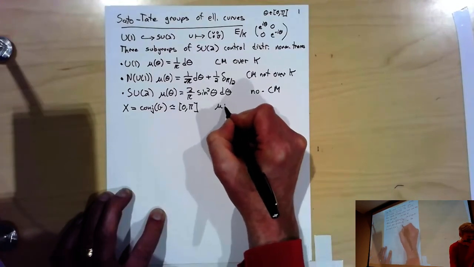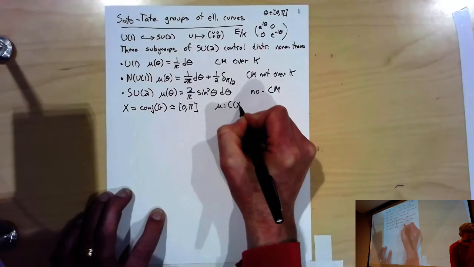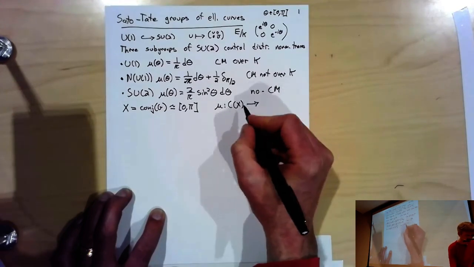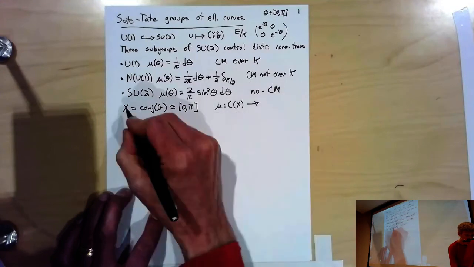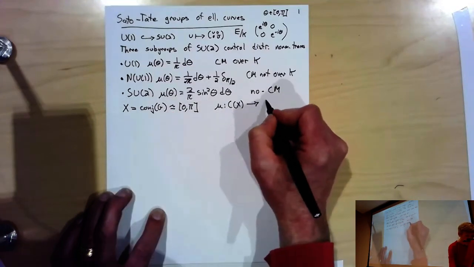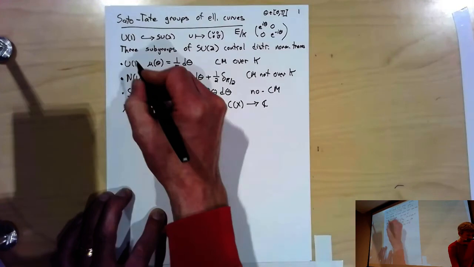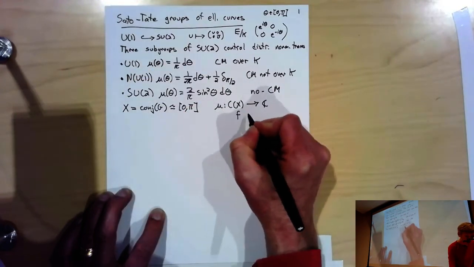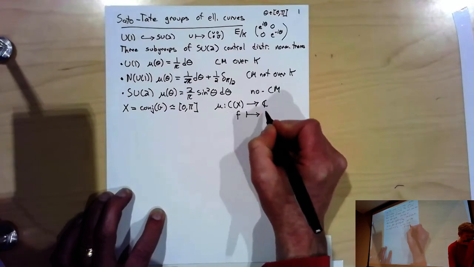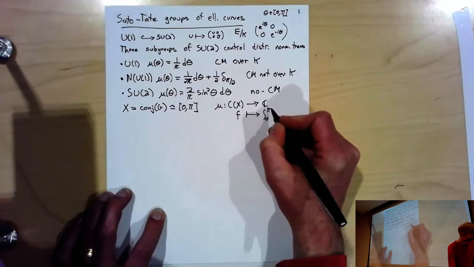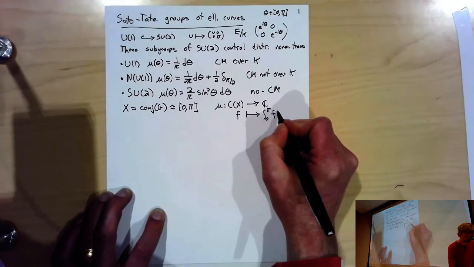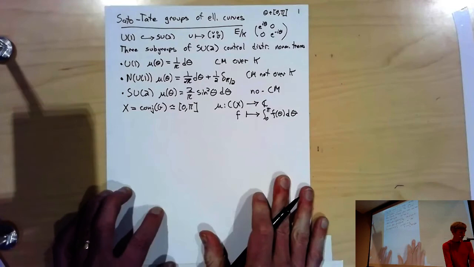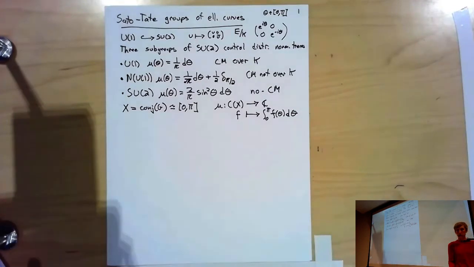Our measure, in the terminology we defined in the previous lecture, is a linear functional on the Banach space of continuous complex-valued functions on our set X, with the quotient topology we get from taking the topology on G and quotienting by the conjugacy relation. This just sends a function f to its integral over 0 to pi. So that's just reviewing what we've done in the last 2 lectures.